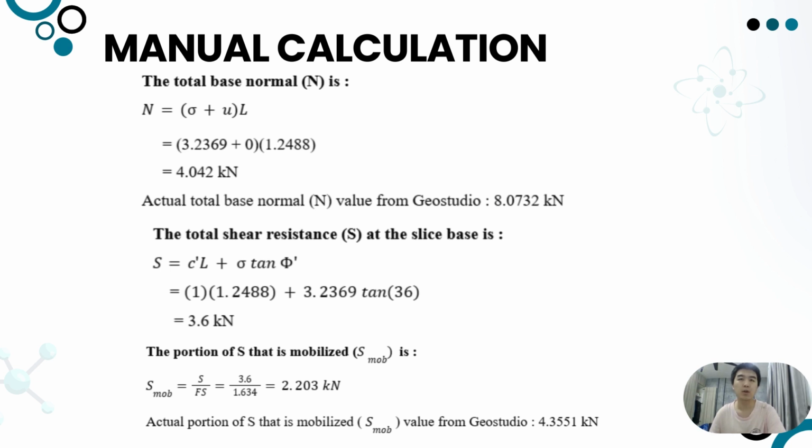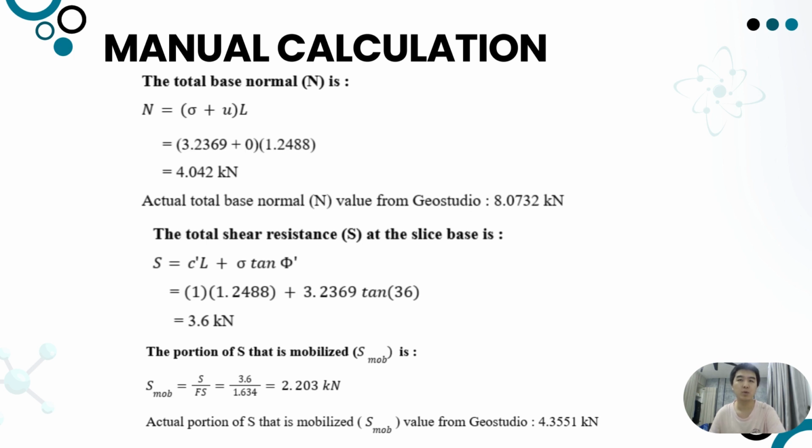For the total base normal, N equals sigma plus mu times L, which equals 4.042 kN. The actual total base normal value from GeoStudio is 8.0732 kN.